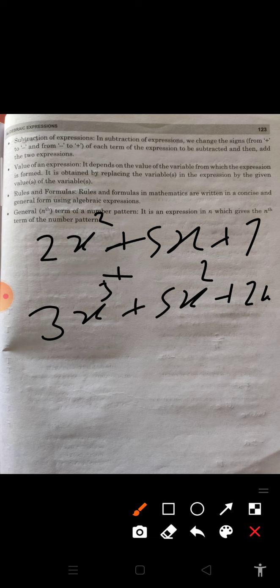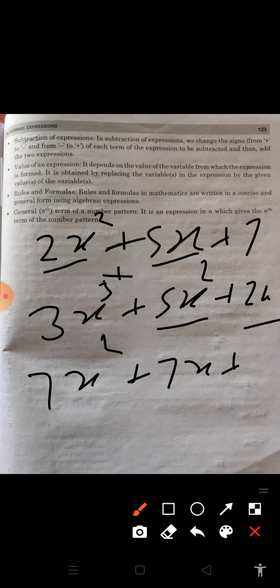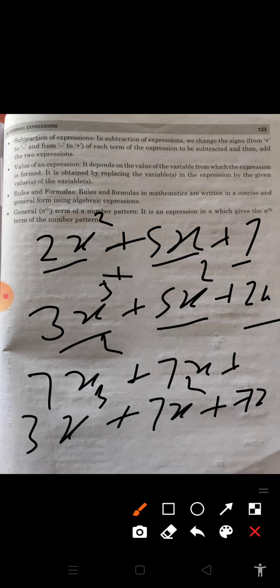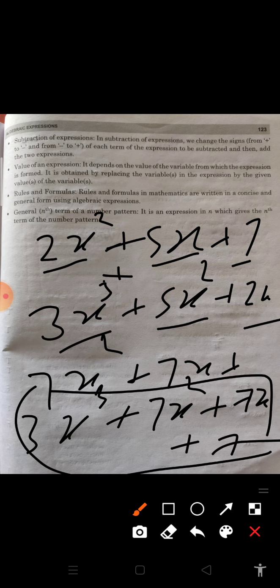Now first collect the like terms. 2x square and 5x square are like terms, 5x and 2x are like terms. So 2 plus 5, 7x square, 5 plus 2, 7x, and the remaining terms we write as they are. So 3x cube plus 7x square plus 7x plus 7. This is the algebraic expression. So we add only like terms.